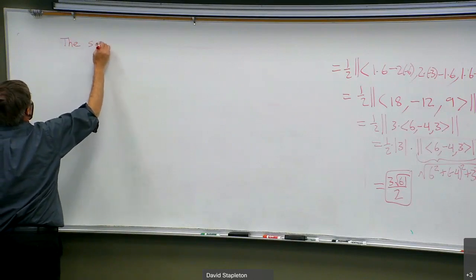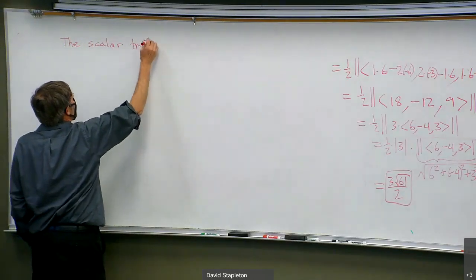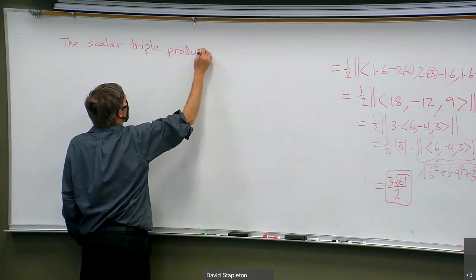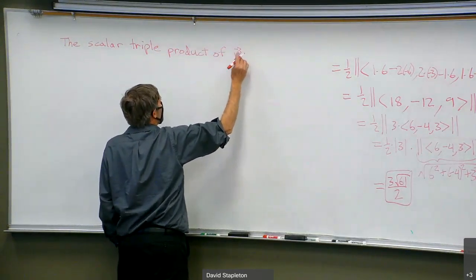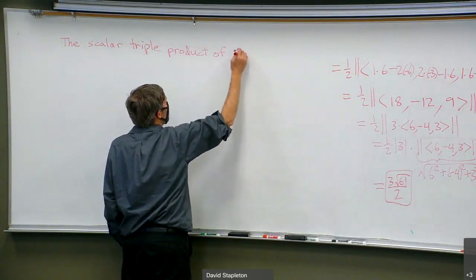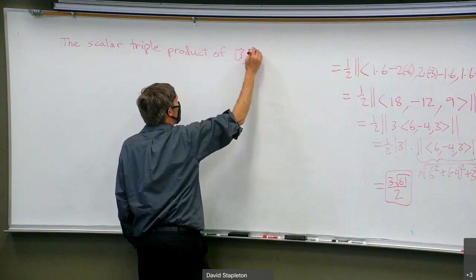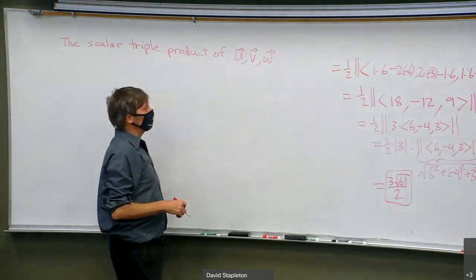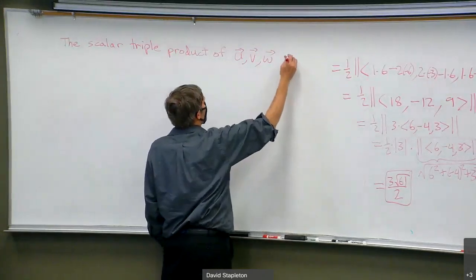The scalar triple product of 3 vectors, U, V, W. Now, if you can take the dot and cross product of 2, you can take the dot and the cross product, and you can get this.